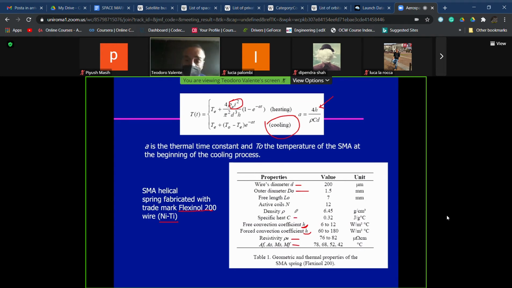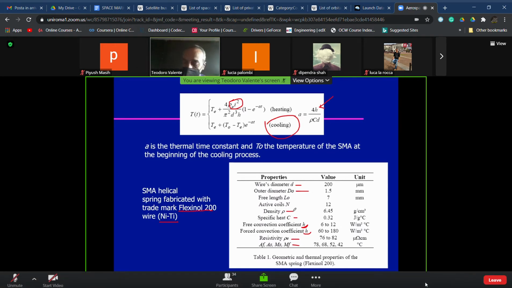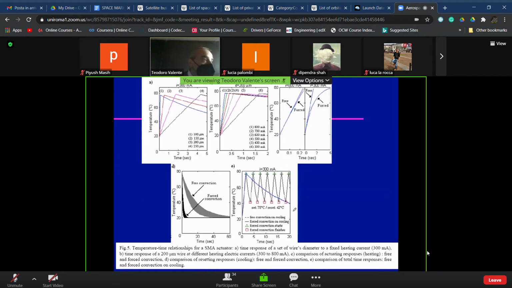Specific heat and density are also properties of the material, and these are the properties of Flexinol 200. And so we can define these diagrams.